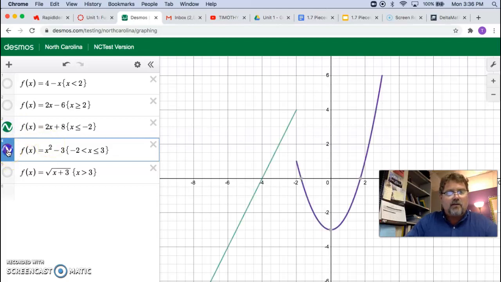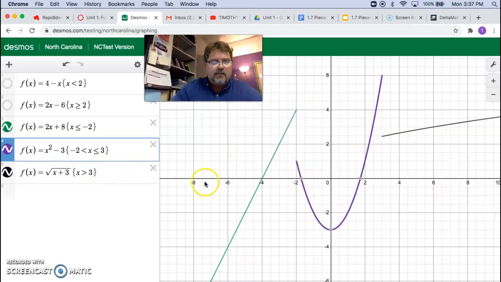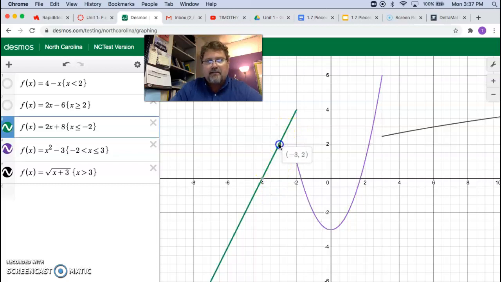Suppose you did light them all up. You put the whole thing in there, right? There's the whole function again. And you said, well, I got to find f of negative 3. Well, the only one that it exists in is this part. Remember how we discovered if you put it on there and slide it, there it is. F of negative 3 is 2. Your output value is 2 there.